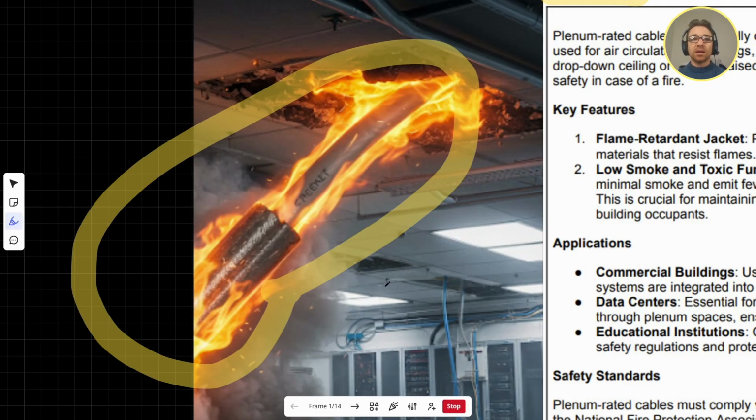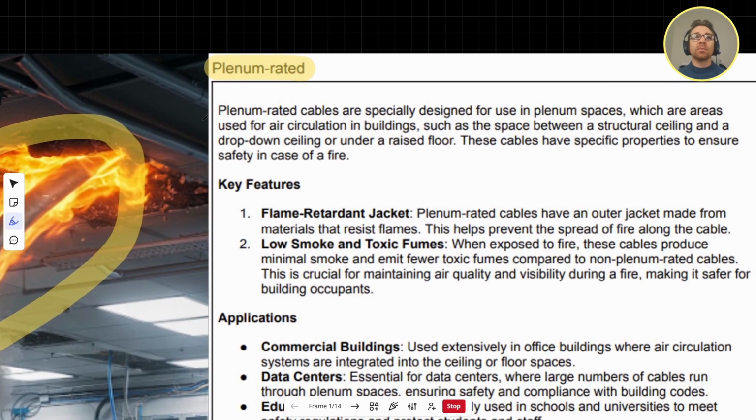It is rated for where there are airways, if there's ventilation, so that these toxic chemicals don't get leaked into the ventilation and then into the air supply that everyone is consuming. Plenum rated cables are specifically designed to not do that, right? So if you need cables to go in an airway, you're going to want them to be Plenum rated.